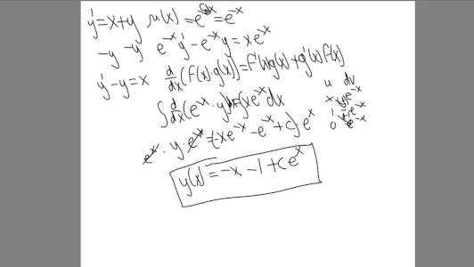And to prove that we're right, we can plug the equation back into the original differential equation. So y prime of x would be negative 1 plus c e to the x. So plugging into this, we got y prime, which is this, and then we take x plus negative x minus 1 plus c e to the x.